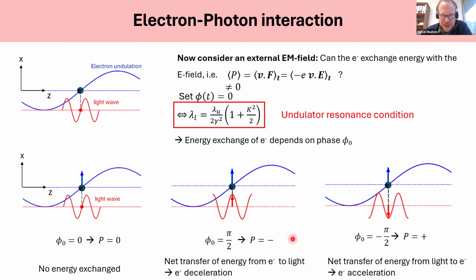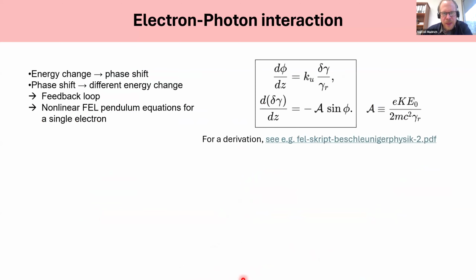So we want the middle case here, yeah, that energy from the electrons goes into the light field at the expense of the electron energy. So the electron beam will be slowed down by this process, that is clear.